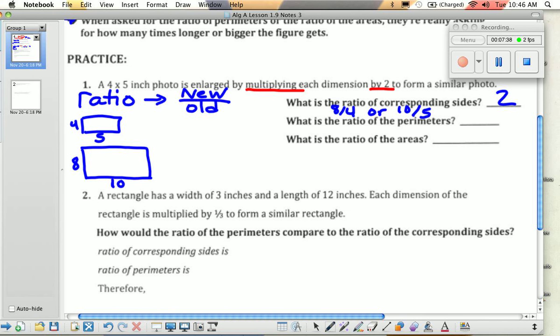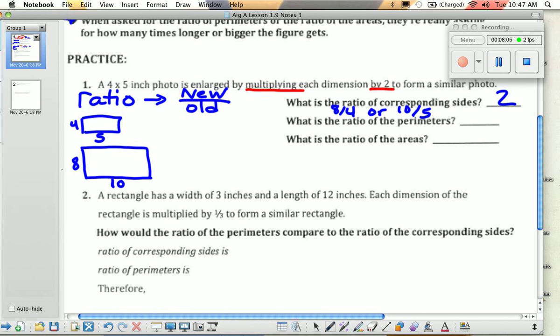Okay, next we'll do the ratio of perimeters. Anybody right now think they know what the ratio of perimeters might be? From what we learned yesterday, Brighton? Taking all the sides, adding together, and doing that with the new and old, and put the new over the old one. Okay, so that's how we would get the perimeters, and then we would set up the ratio.